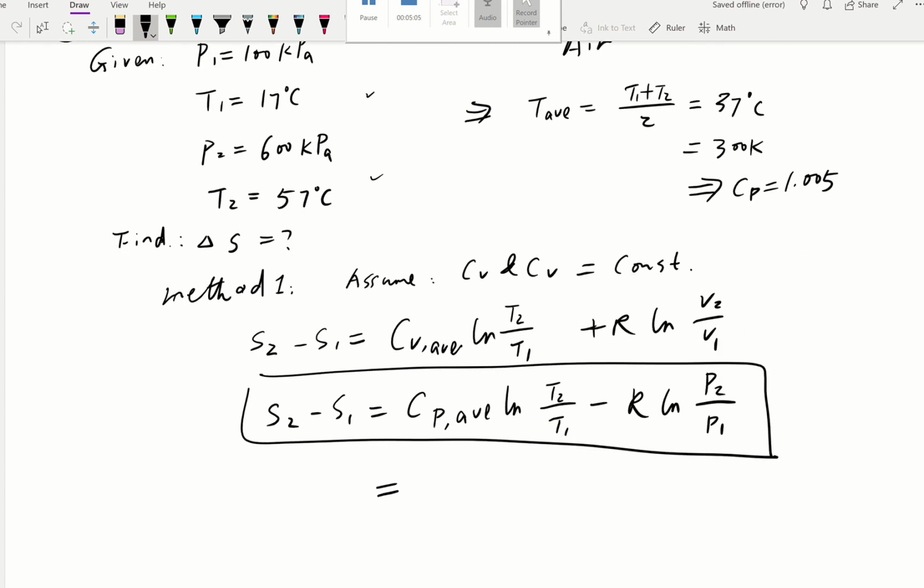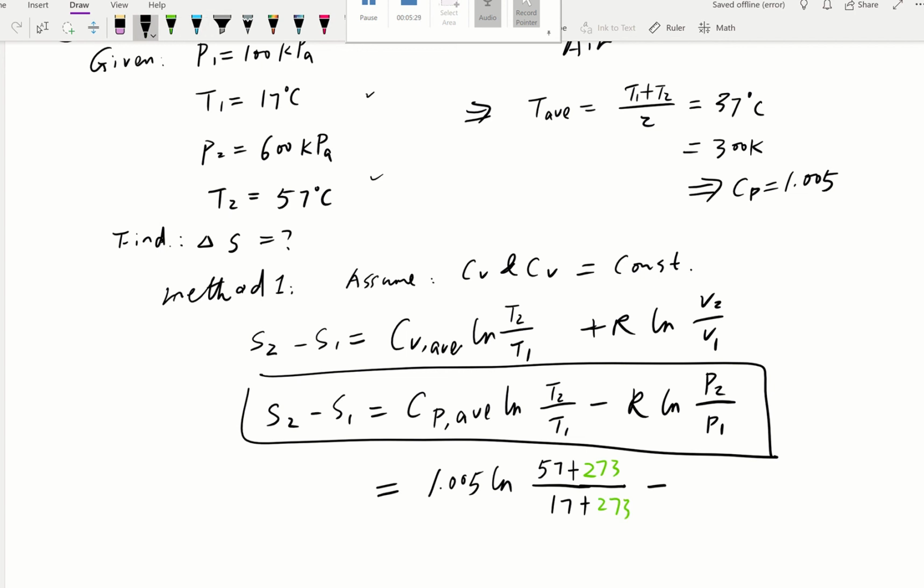Knowing that, we can write down the value, natural log T2. Here, I cannot use 57. I have to use absolute temperature, so be careful with that. And T1 will be 17, and this has to be added to 273 as well.